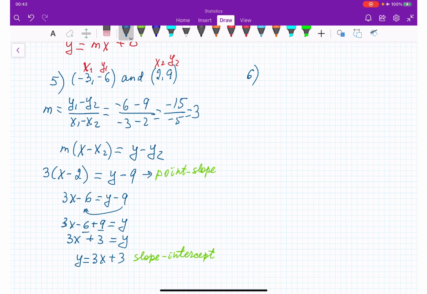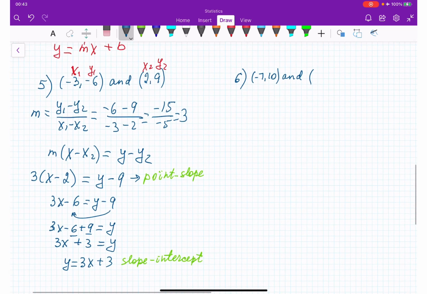So we have negative 7, 10, and we have 6 and 10. Given 2 points, write down the equation of the line in two forms, point-slope form and slope-intercept form.